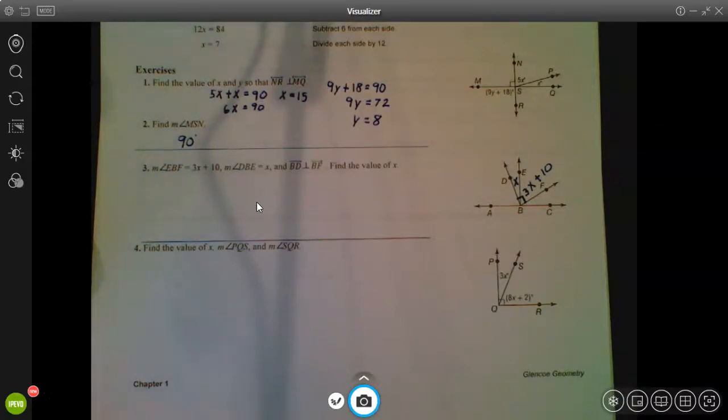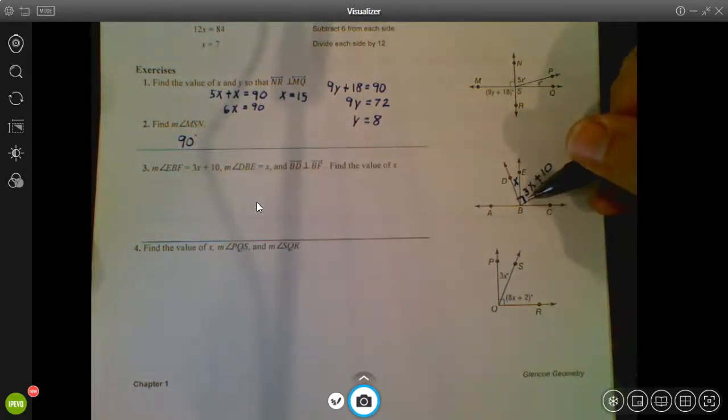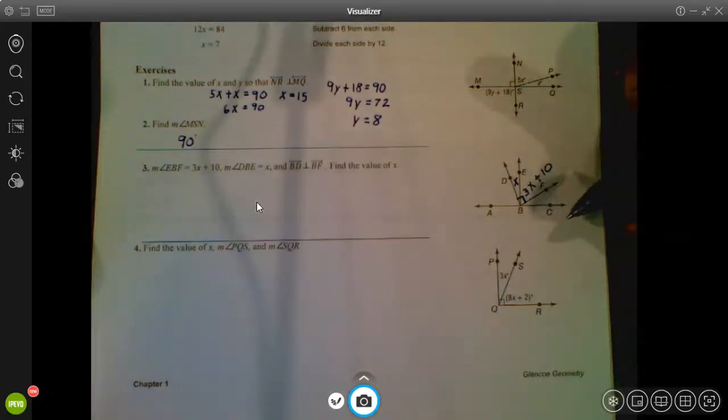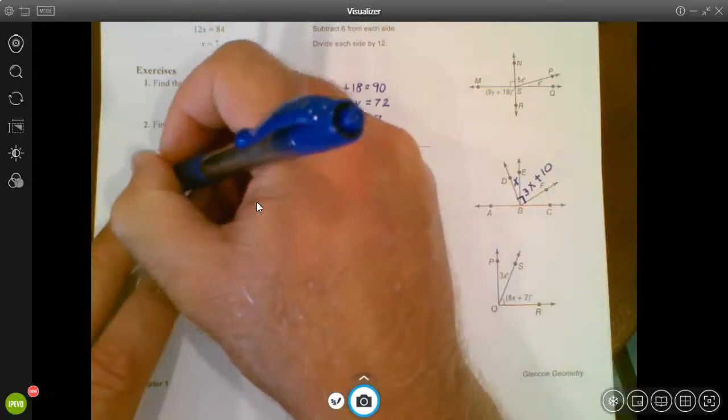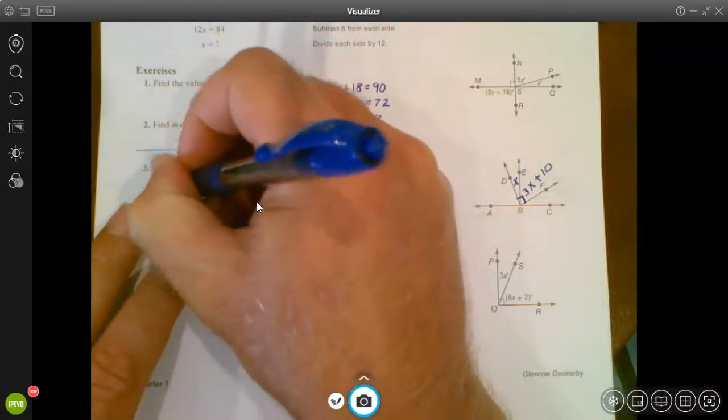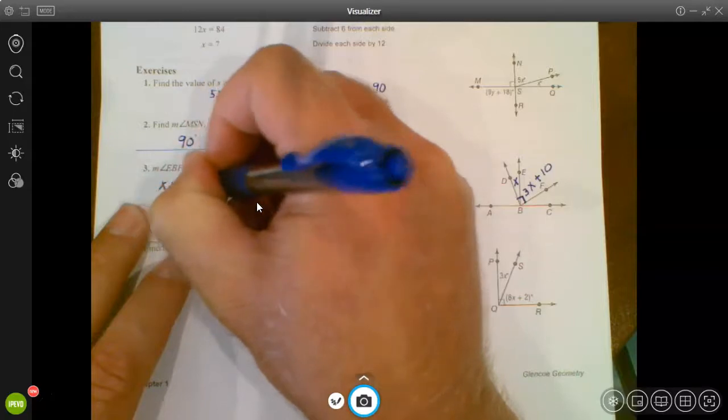Now, what's the equation that we could set up in order to solve for x? Based on that information, we can see that this angle and this angle form this right angle when you put them together, which must mean that x plus 3x plus 10 must total 90.